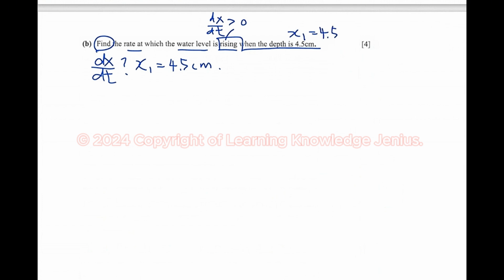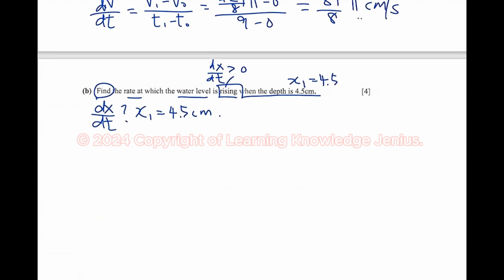So how to apply connected rate of change? A lot of students like to ask me about this because they have difficulty forming them. There's actually a trick. Maybe you can think of how many variables you have in this question. You can scroll back and look at part B itself. We already noticed that we have a variable x, we have variable t.